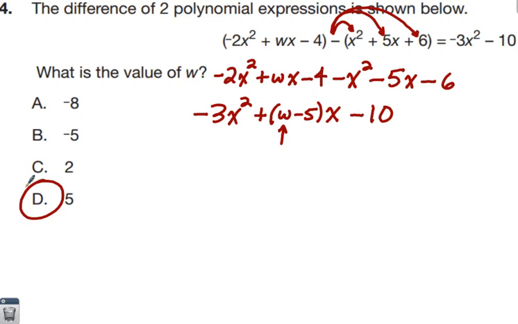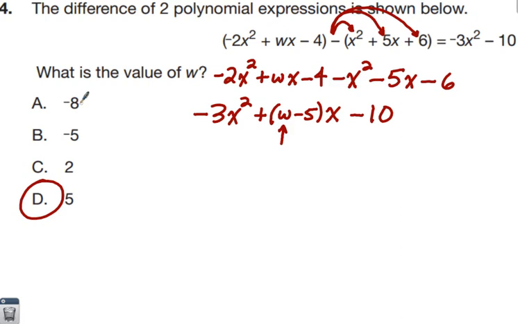Because the other way you'd have to do this, unless I can't think of any other way, is, again, it's multiple choice. You could plug in negative 8 for w and simplify everything on the left and see if you get negative 3x squared minus 10. And according to what I'm saying, that would not work out that way.